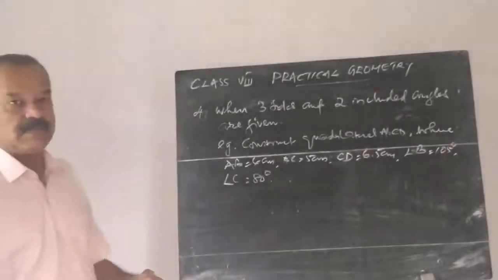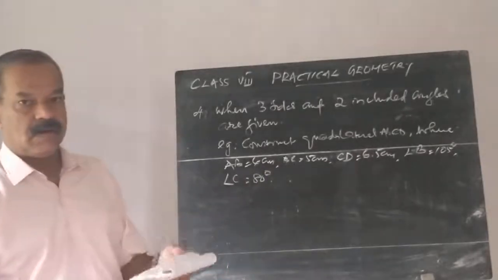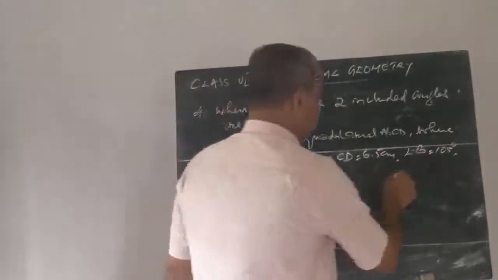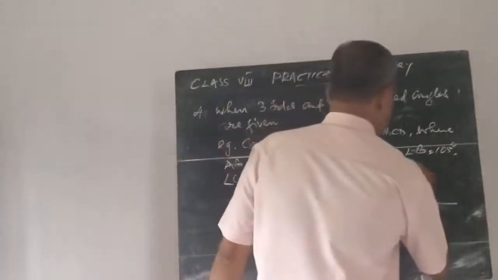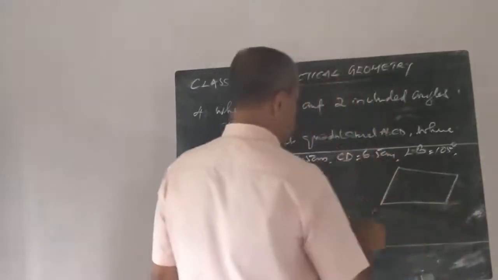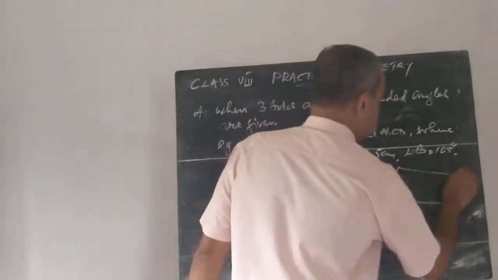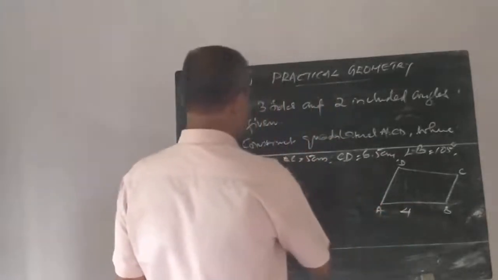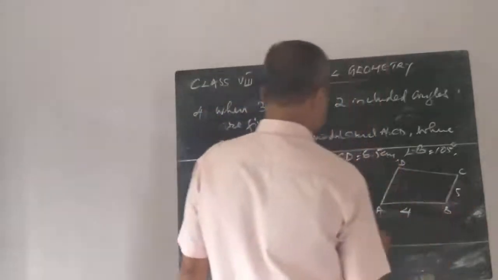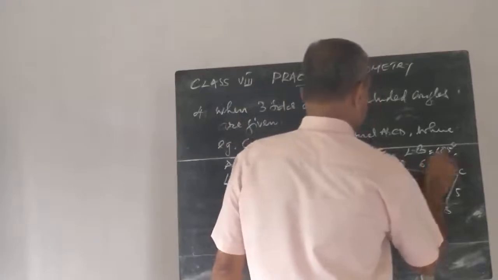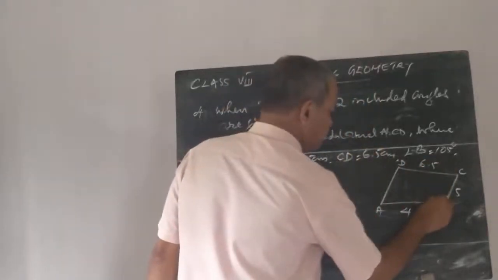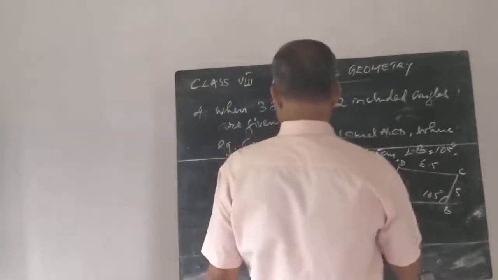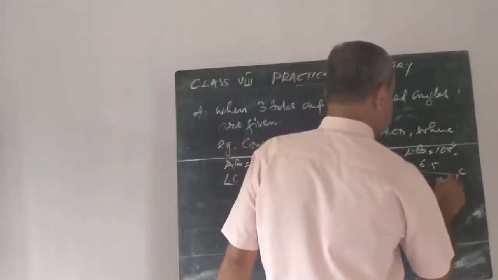What is the first step in the construction? Drawing a rough figure. So we can represent these measures after drawing a rough figure. Quadrilateral ABCD, AB 4, BC 5, CD 6.5, angle B 105 degrees, angle C 80 degrees.